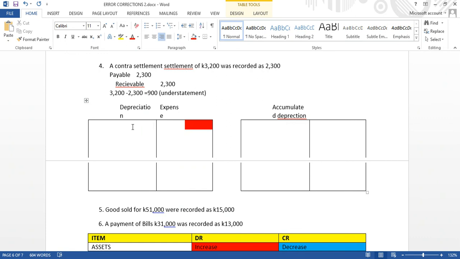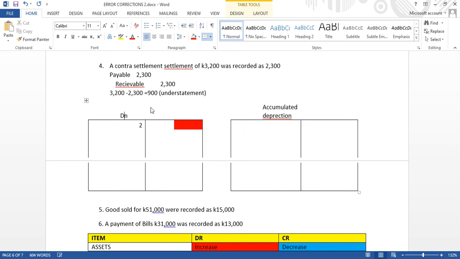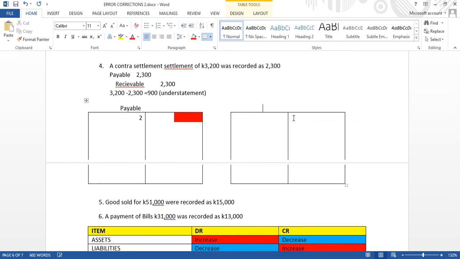Here we have 2,300 for our payable, and here our receivable.